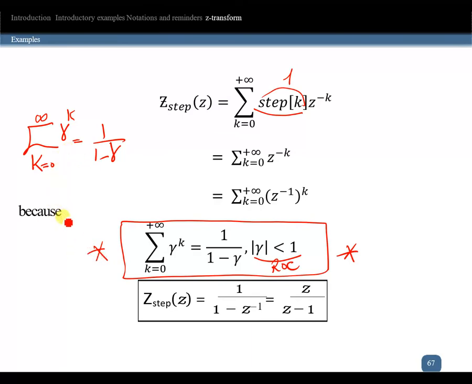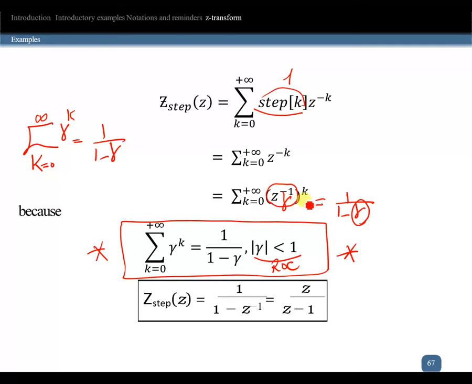Here, they have my system, k from 0 to infinity. Now this will be my lambda. The sum over k from 0 to infinity of lambda power k becomes 1 over (1 minus lambda).